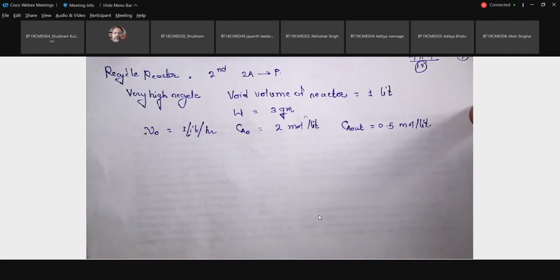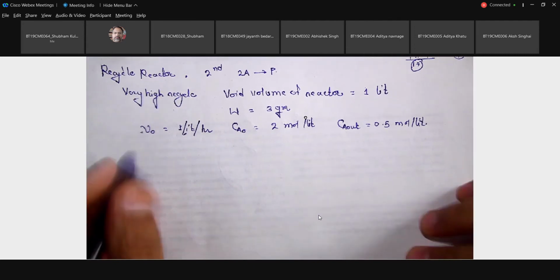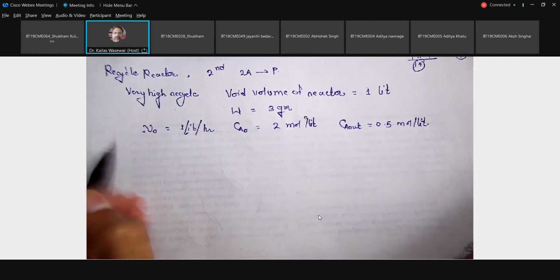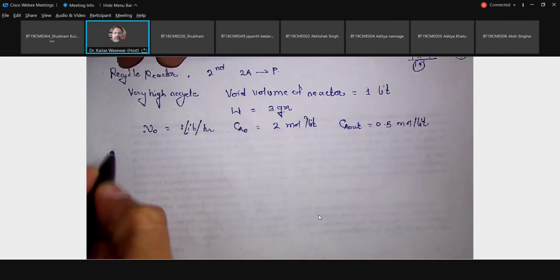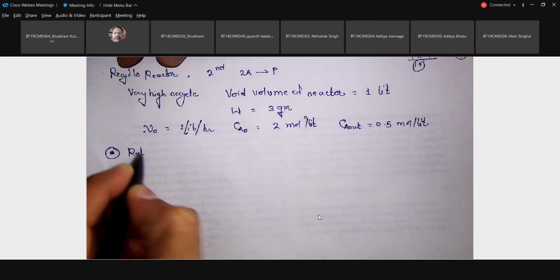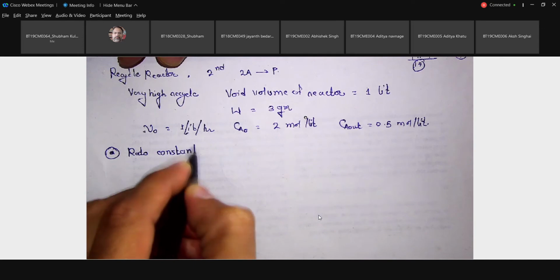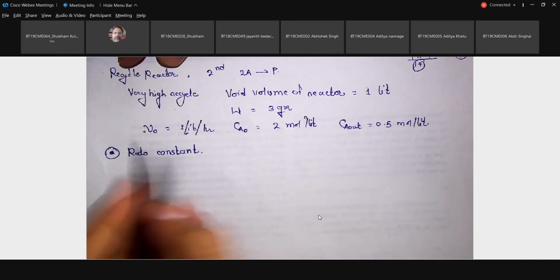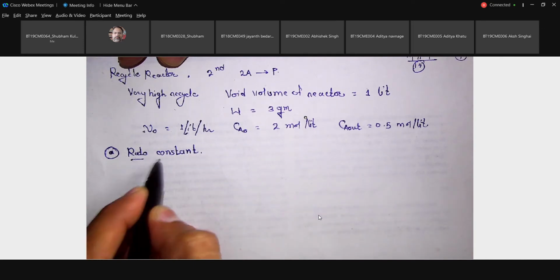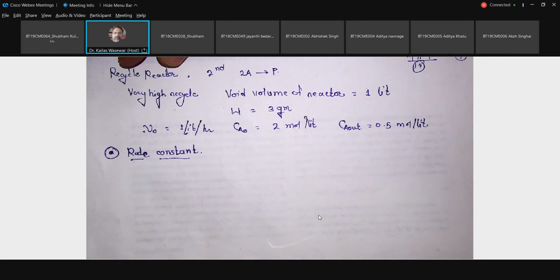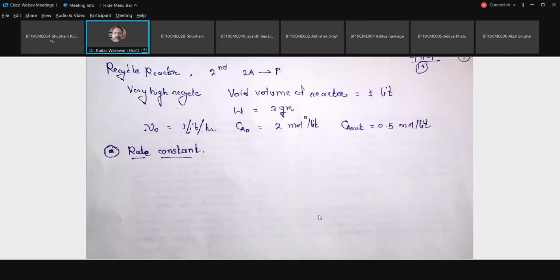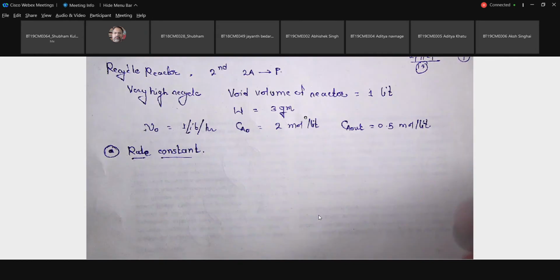Now in this particular reactor, we have to calculate the rate constant. Now, what kind of reactor is it?